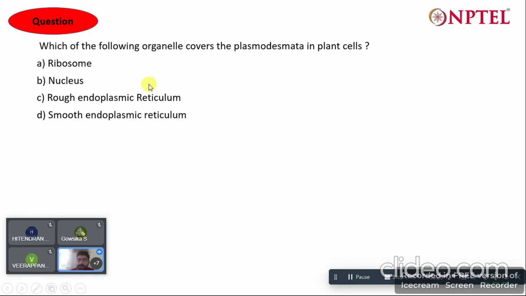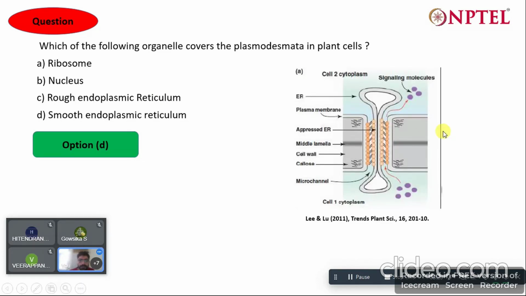The answer is smooth endoplasmic reticulum, and this is the basic structure of plasmodesmata and how it looks. This is the cell 2 cytoplasm, and the one below is the cell 1 cytoplasm. This is the smooth endoplasmic reticulum that connects both the cells, and this is the plasma membrane and the cell wall.